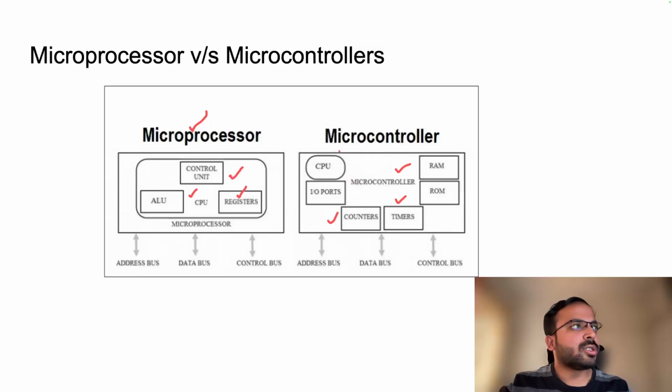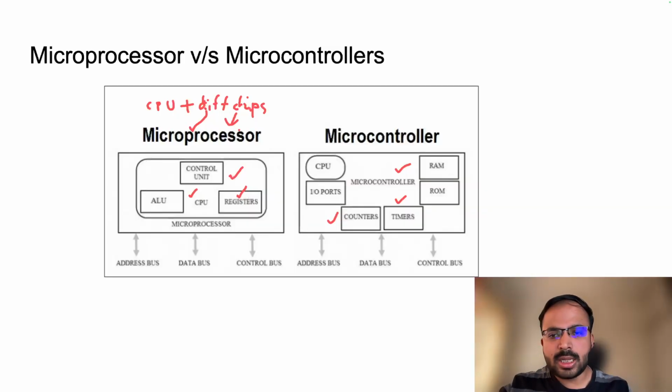So a microprocessor is CPU plus different chips; there will be smaller other chips integrated with your CPU chip.